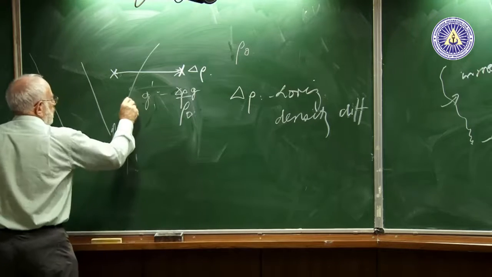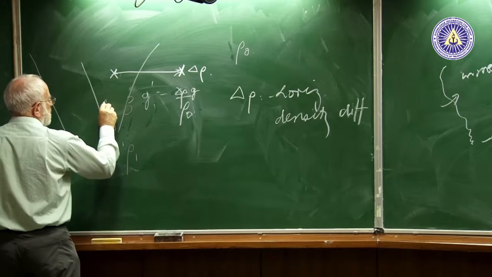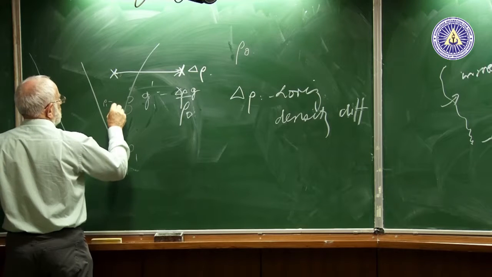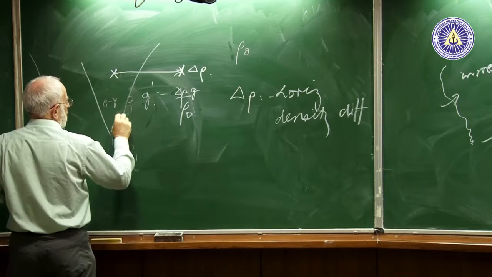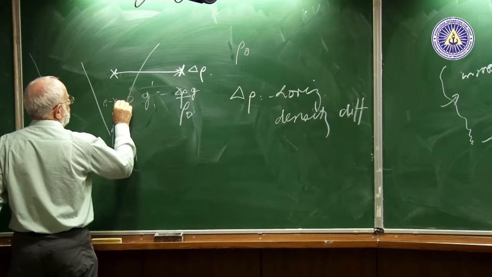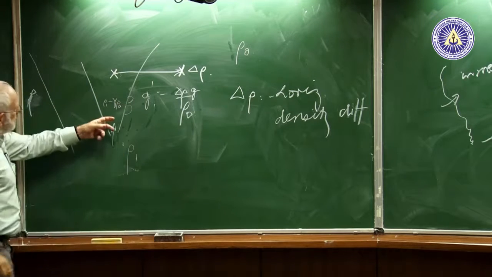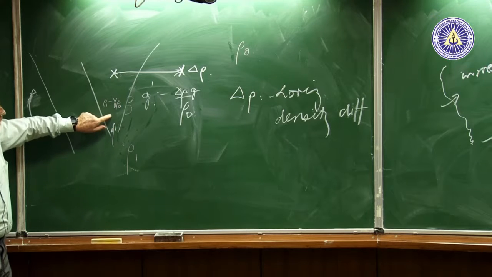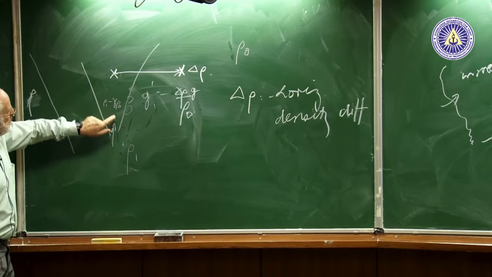It's going to engulf like this, and so this must be rho 1 minus some amount, what shall we call it, gamma, times rho 0. The density has got, yeah, rho 0 is less than rho 1.